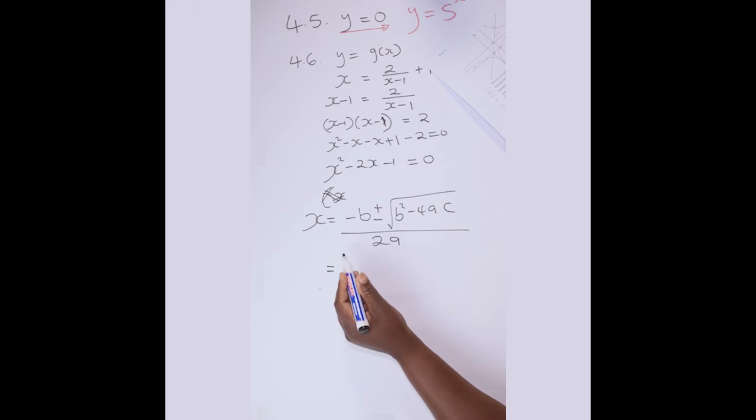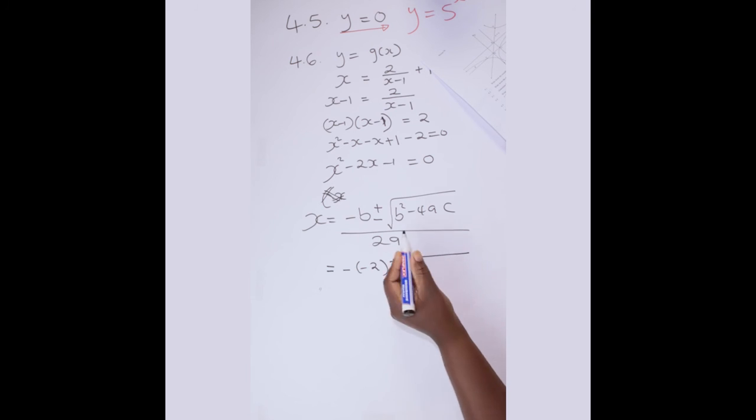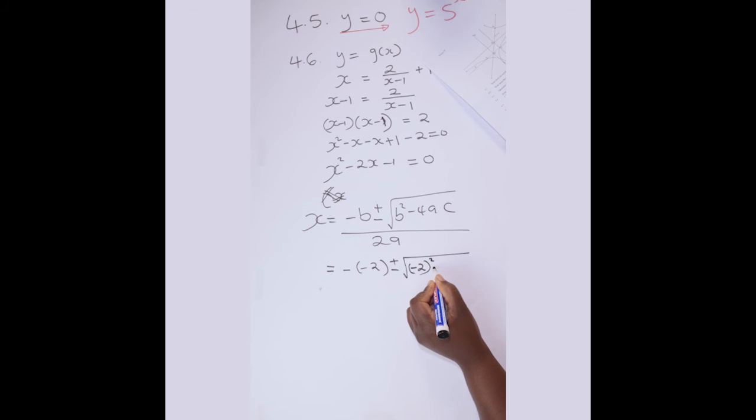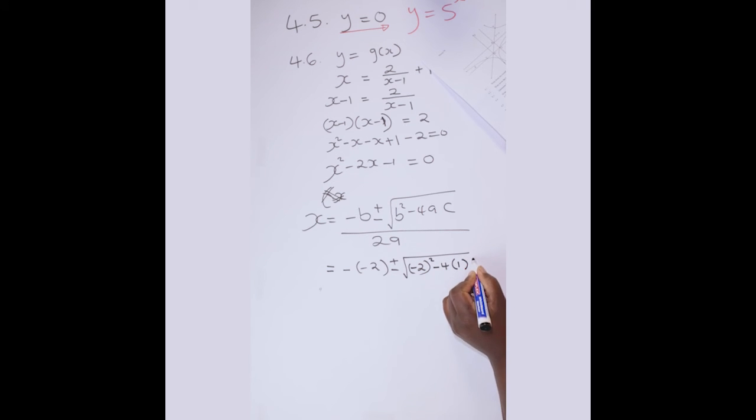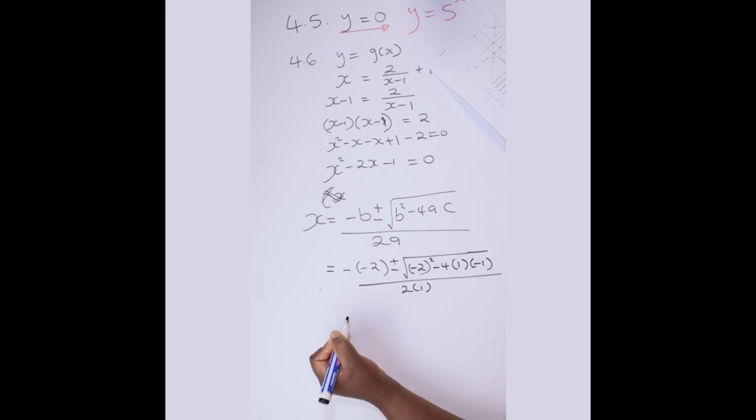So we're going to have a minus, which represents this one, minus 2, plus or minus the square root of, we said b is minus 2, so it's going to be minus 2 squared minus 4, a is 1, and then c is minus 1. Then we divide it by 2 times a, which is 1.